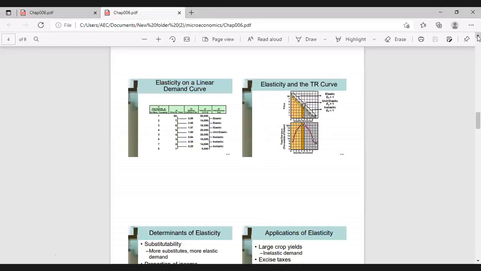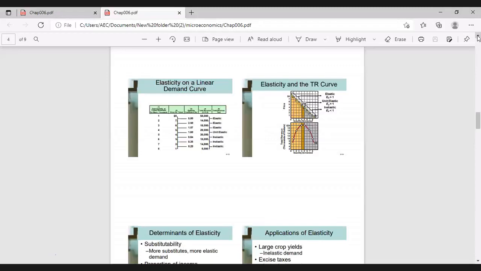So in a product's demand curve, at the higher price, the elasticity is more. So demand is elastic up to some price.